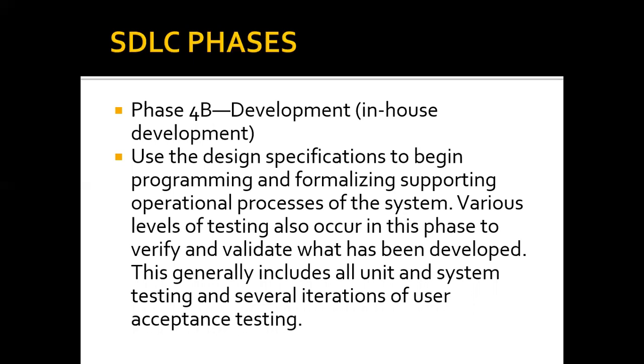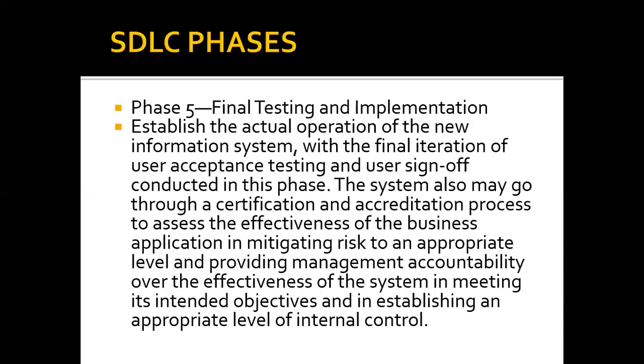Then we'll move from phase 4B, development, to phase 5, which is the final testing and implementation. So for the final testing, you have to carry out your quality assurance test. You have to carry out your user acceptance test. All right, then you go live. Okay, you have a choice when you go live. You can choose direct cutover, which means you just move from the old system to the new system straight. All right, that is quite risky.